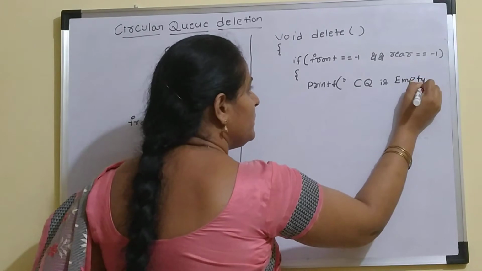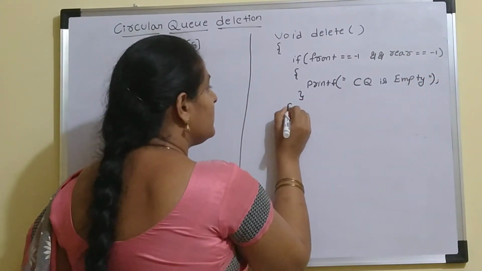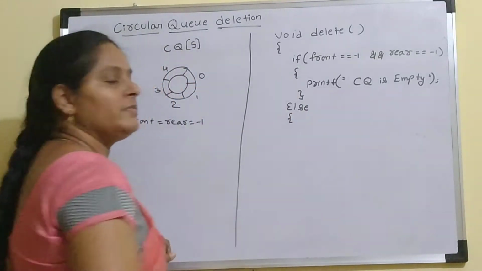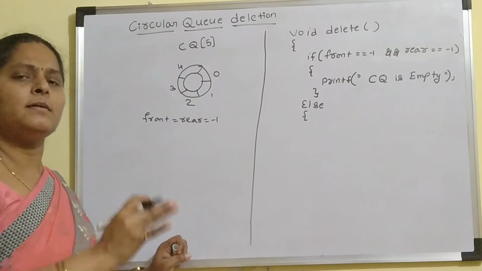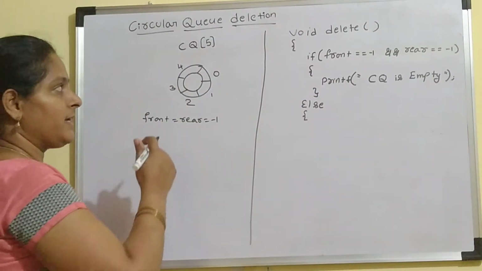If the circular queue is empty, deletion is not possible. If the circular queue is not empty, if it contains some elements, let us see these cases.